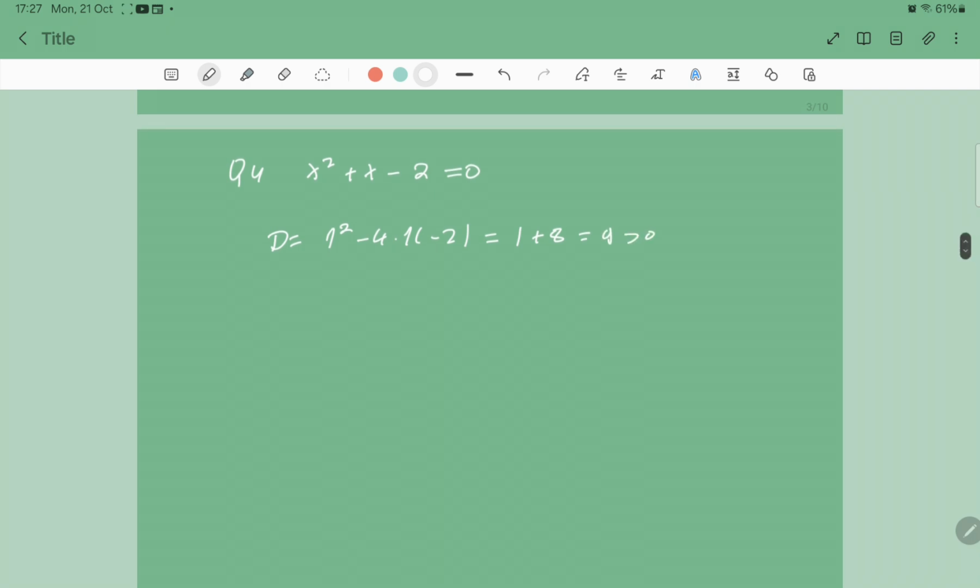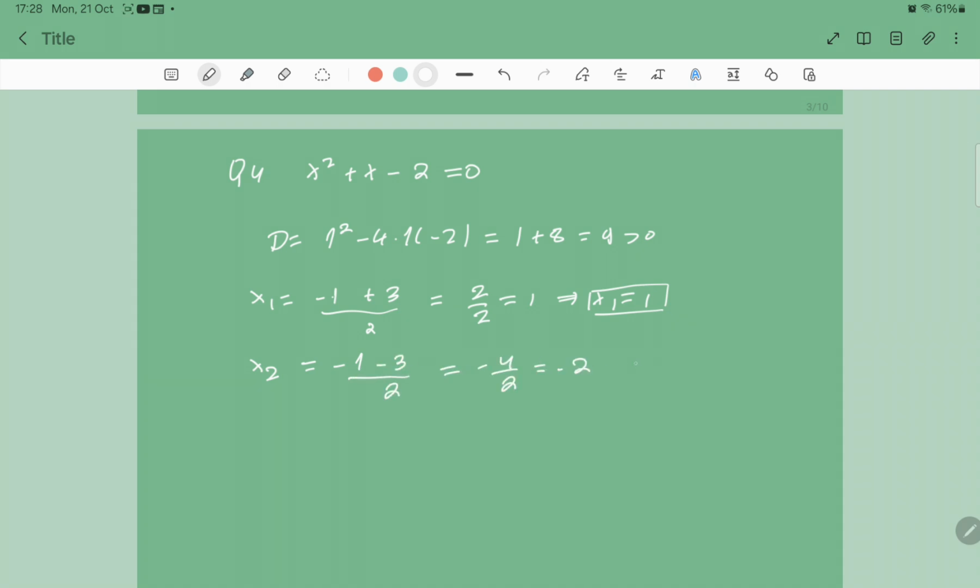Here the discriminant is 9. x1 equals minus 1 plus the square root of 9, which is 3, divided by 2a. x1 is equal to 1. x2 equals minus 1 minus 3 over 2, minus 4 over 2, equals minus 2. x2 is equal to minus 2.